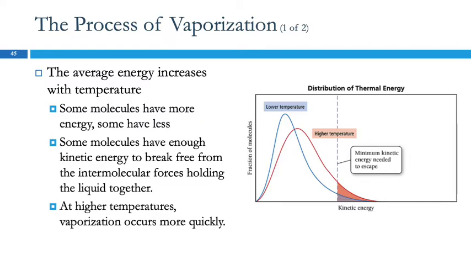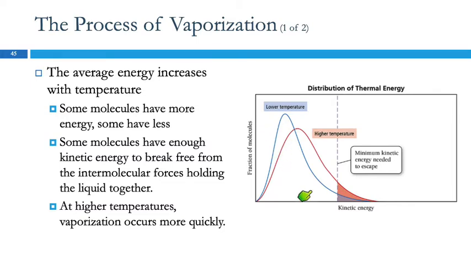So the average energy increases with temperature. Mentioned that already. So here we have the distribution of kinetic energy at a particular temperature, fraction of molecules with this amount of kinetic energy. So over here, this dashed line is the minimum amount of kinetic energy that the molecule needs in order to evaporate.